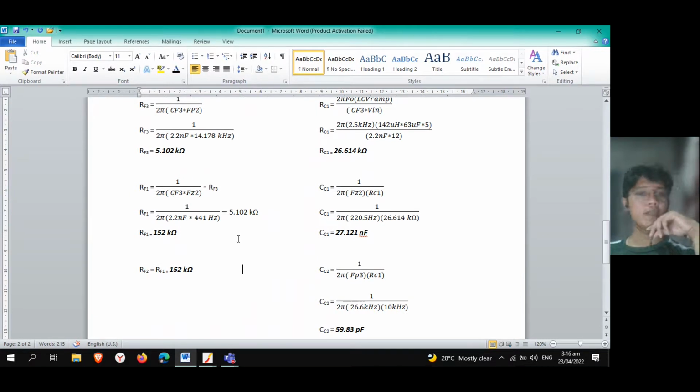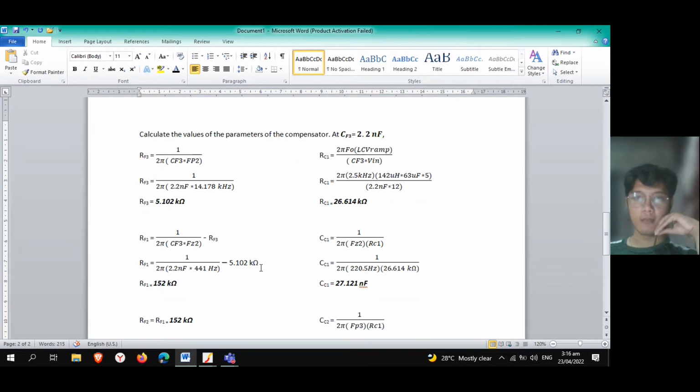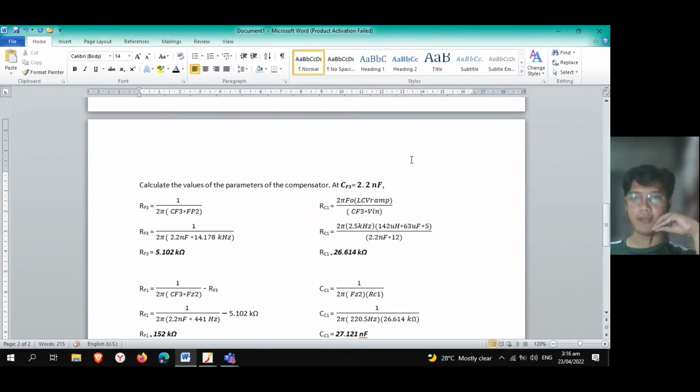To find RF2, it is equal to RF1, so RF2 is also 152K ohm. Then for RC1, the formula is 2 pi F sub 0 times L times C times VRAMP over CF3 times Vin.